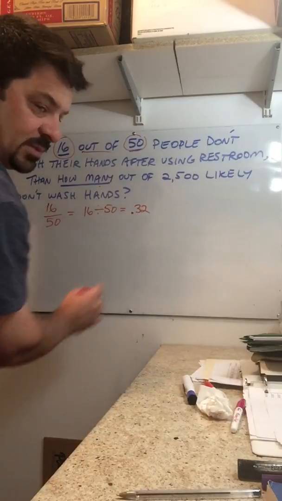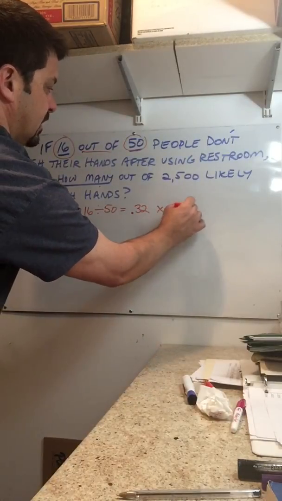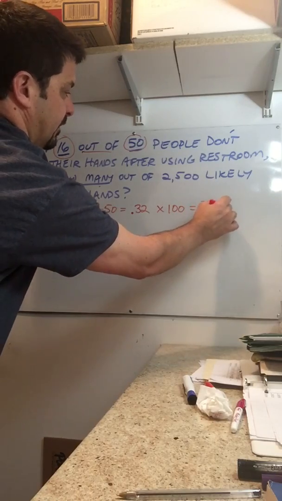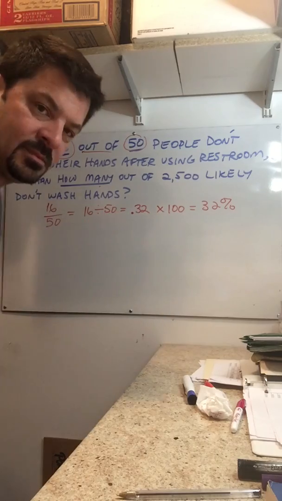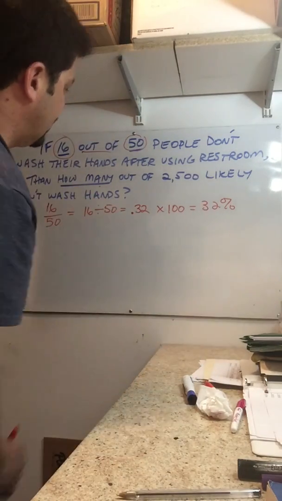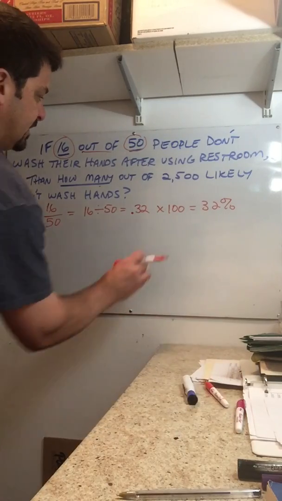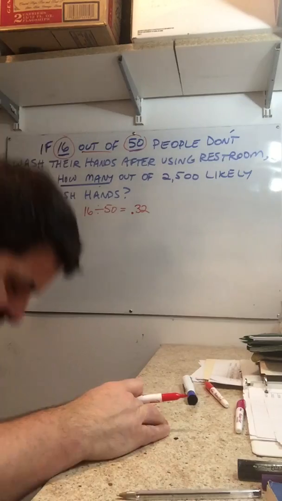If we want to change this into a percentage, we could multiply this by 100 and we get 32%, because when we multiply it by 100, this decimal moves over two places. We're going to cover that. What I want you to focus on right now is this part. We get this decimal, we're going to use this decimal.